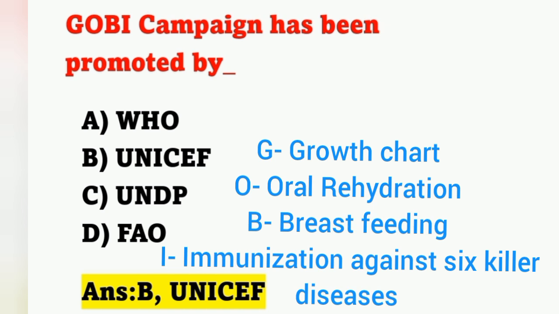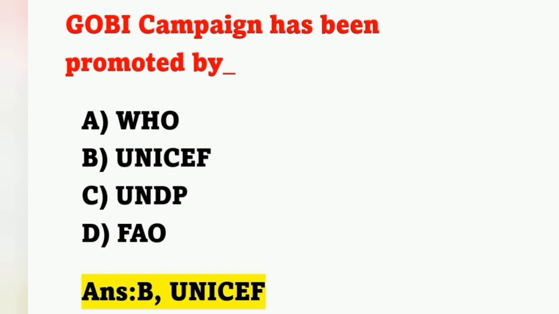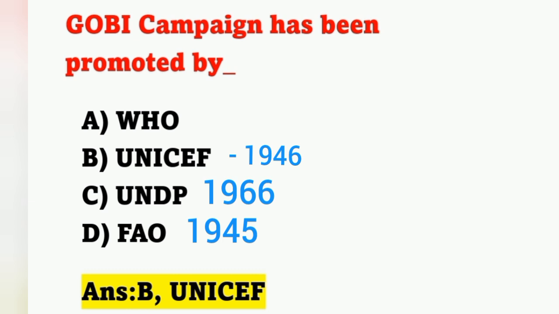It includes 4 strategies for child health revolution that we can see. G means growth chart, O means oral rehydration, B means breastfeeding, I means immunization against 6 killer diseases. That is GOBI, growth chart, oral rehydration, breastfeeding and immunization.